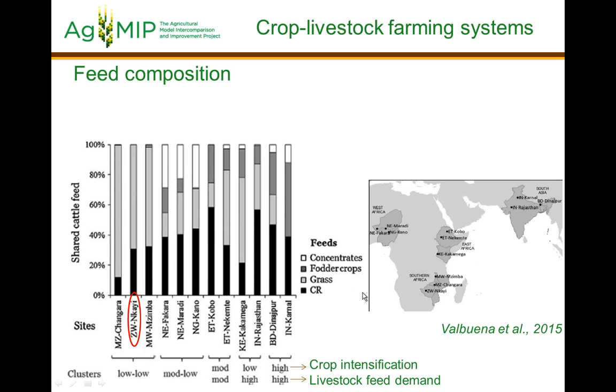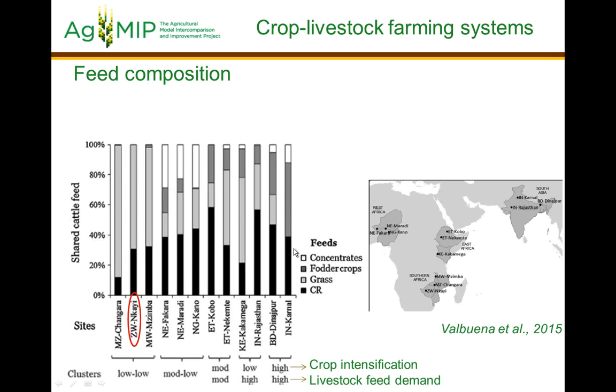And this data draws from a study called the System-Wide Livestock Program, where they brought together information from a range of sites, again quite relevant for AgMIP, from India and Bangladesh, and then various countries in sub-Saharan Africa. And actually our Zimbabwe site, Nkai, was also part of this study. And the household data that we've been using in our project actually come from this study.